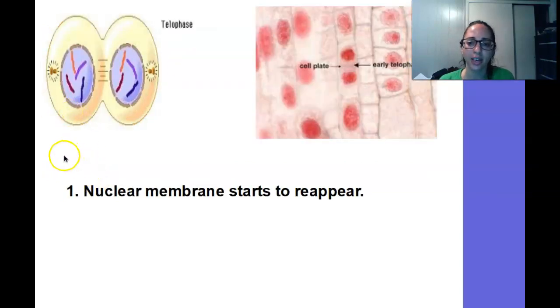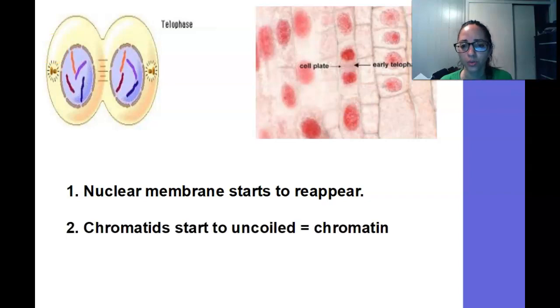The next phase is telophase. In telophase, the nuclear membrane starts to reappear surrounding those chromosomes, and the chromatids start to uncoil. That means we're going to have chromatin again, the uncoiled DNA. Here is how it looked in early telophase.